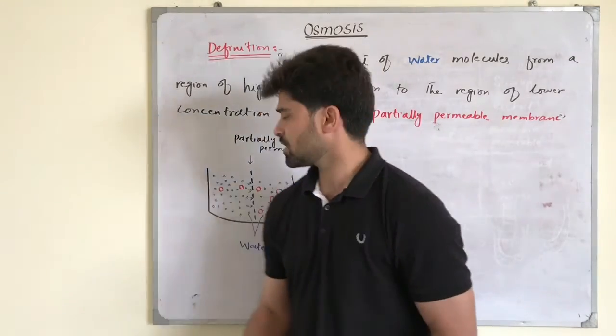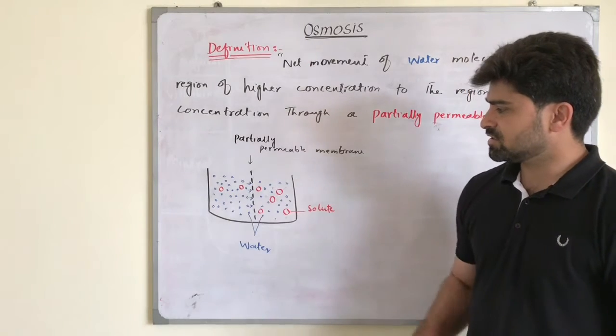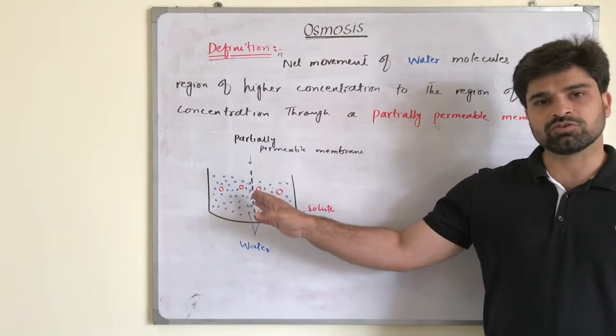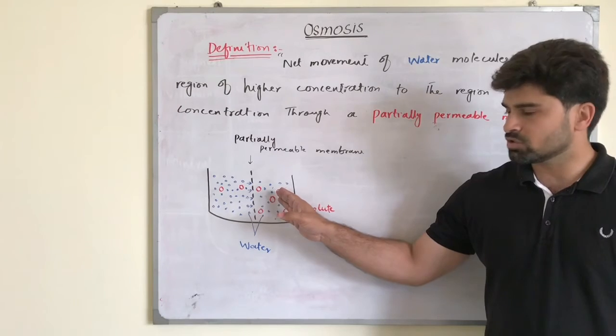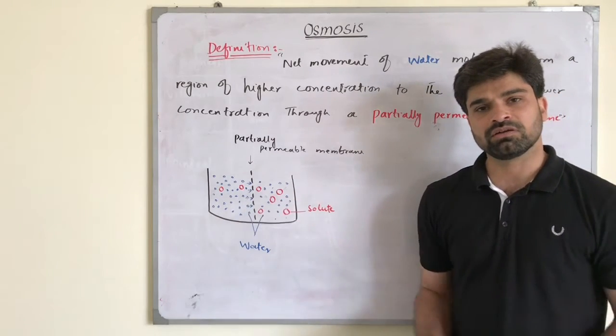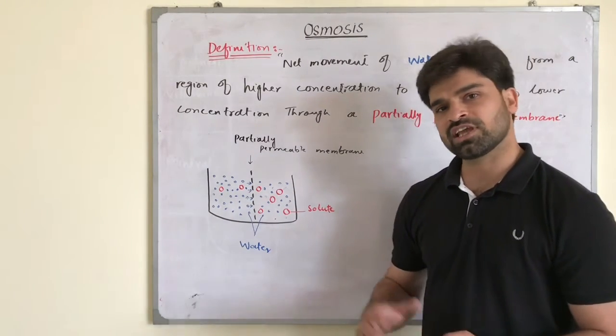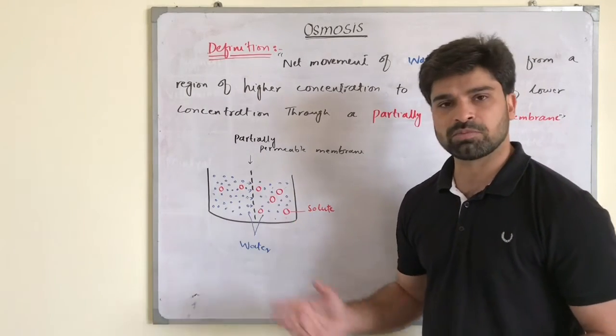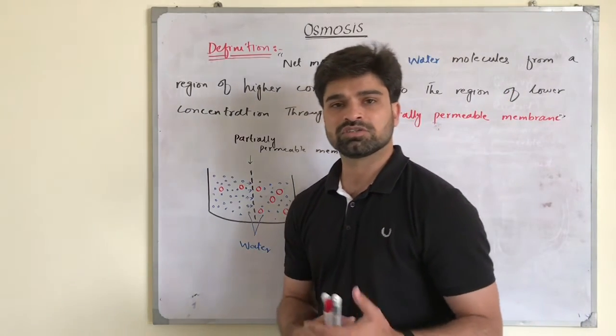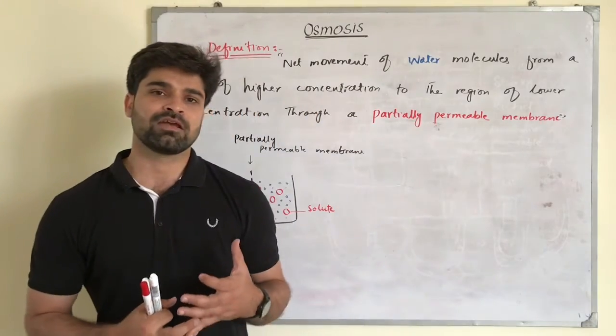Dear students, in this case water molecules can easily pass through the partially permeable membrane, but the solute molecules cannot pass through it. This is how the partially permeable membrane works in case of osmosis.